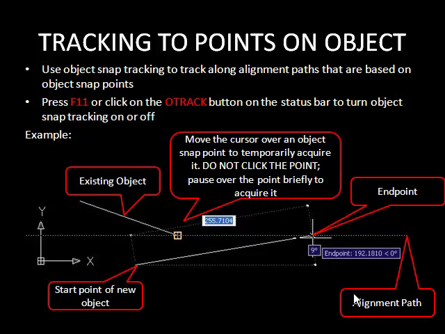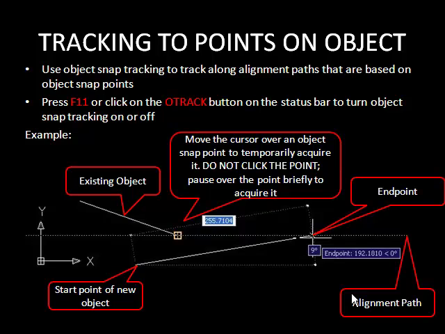Tracking to points on the object snap. You will have alignment paths. You can press F11, or you can click on the status bar in AutoCAD, or you can use the command line. Now, first of all, we have an existing object. Now we're going to start a new object. Then you move your cursor over the existing object.